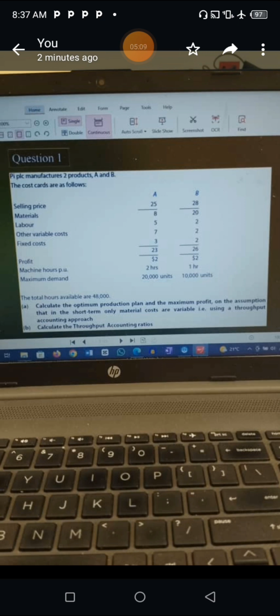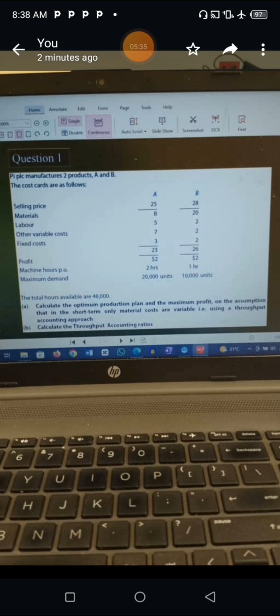All right, so in your computation for factory costs, you need to realize that everything outside materials is fixed. For example, labor, other variable costs, and the ordinary fixed costs are all considered to be fixed costs, which are going to be used in our computation for total factory costs.